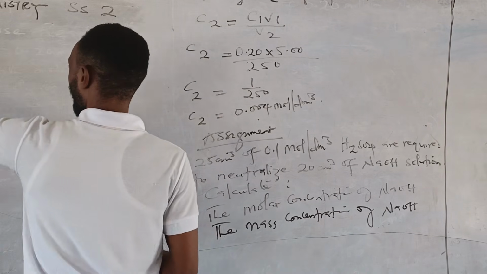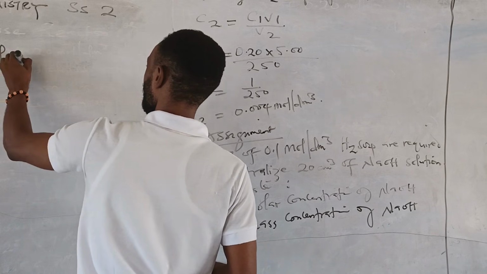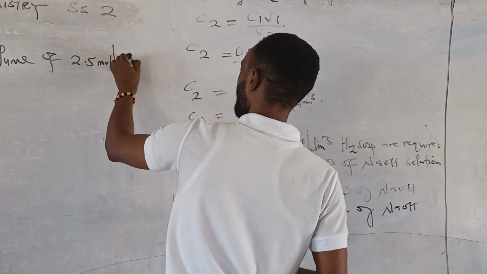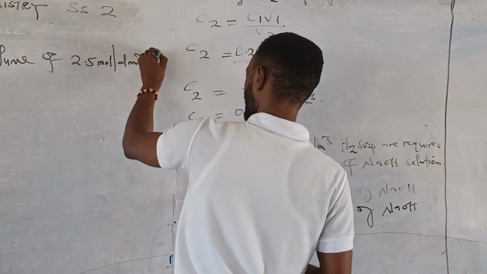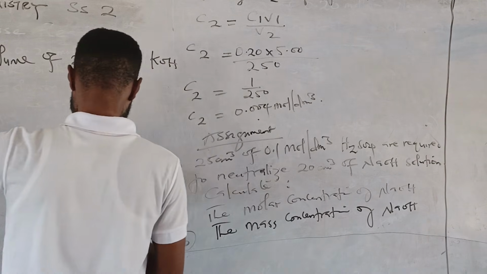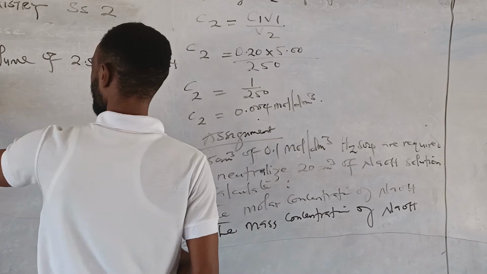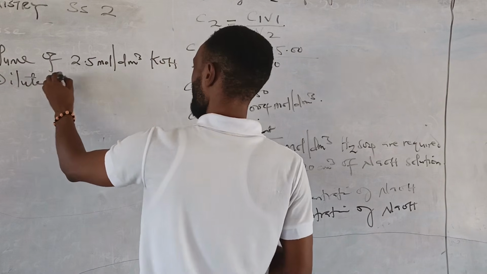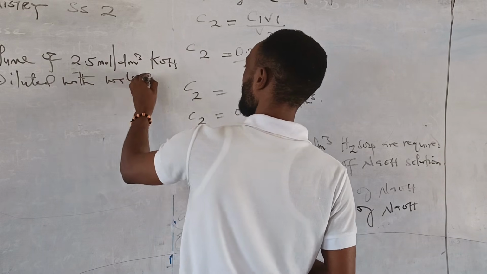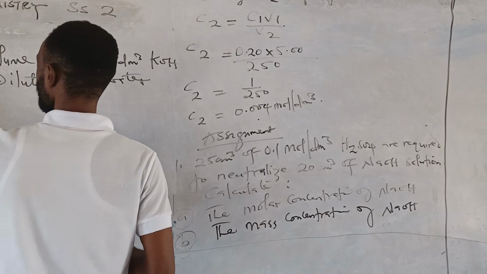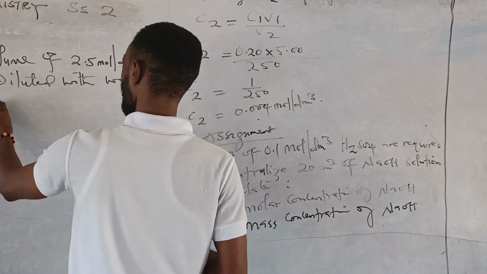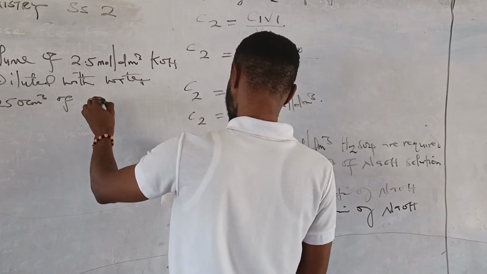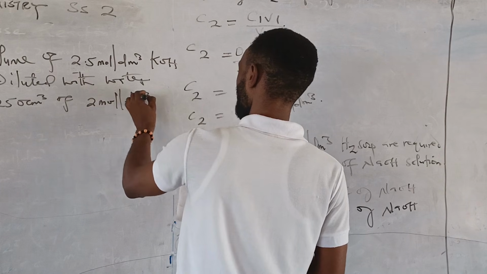Question 2. What volume of 2.5 mole per dm cube KOH, potassium hydroxide, will be diluted with water to obtain 250 cm cube of 2 mole per dm cube?